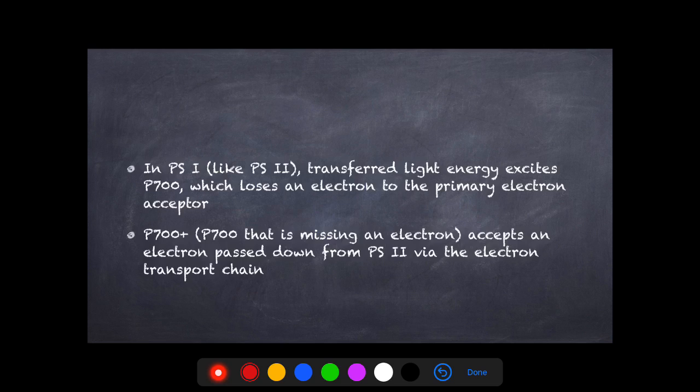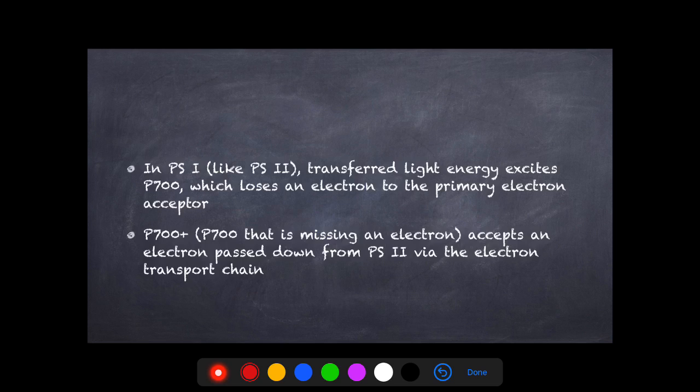In photosystem 1, just like in photosystem 2, it has light excited electrons on P700, right? So the electrons actually came from photosystem 2. The electrons from photosystem 2 get transferred to photosystem 1, because remember, photosystem 2 occurs first.